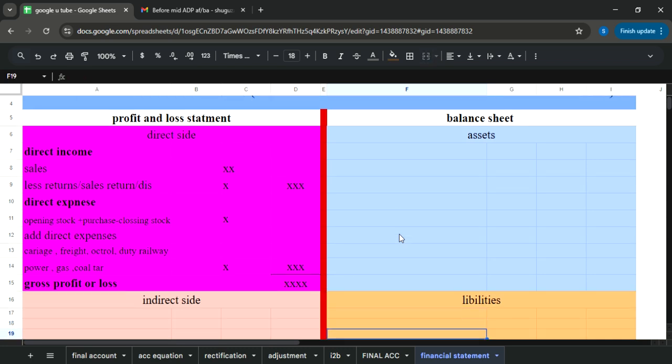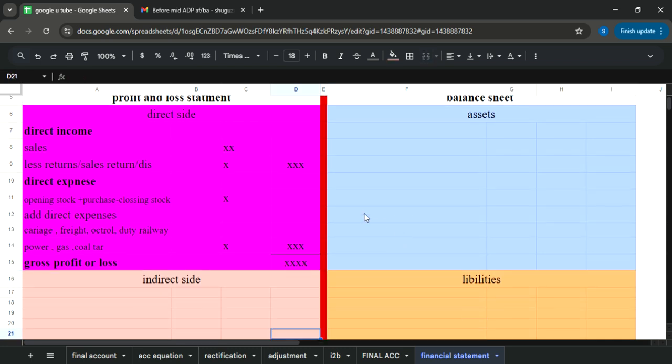Under this, we will see all operating expenses over here. Operating expenses means expenses which you will be doing to operate your business. This would include your rental charges, salaries, taxes, insurance.